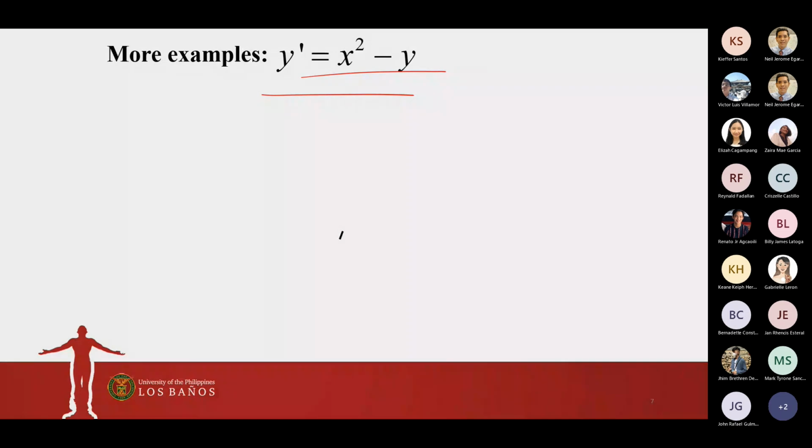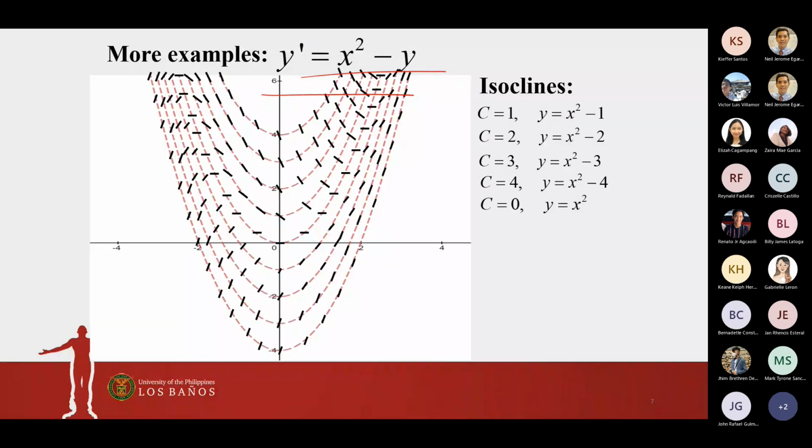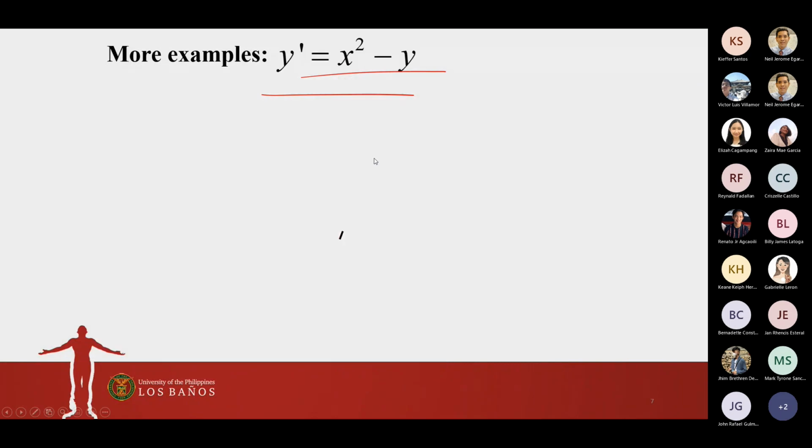That's fine because the highest order derivative here is 1. Is it in explicit form? Yes, because y prime, the highest order derivative, is isolated on the left-hand side. So all the necessary requirements para magawa yung isocline were already satisfied.